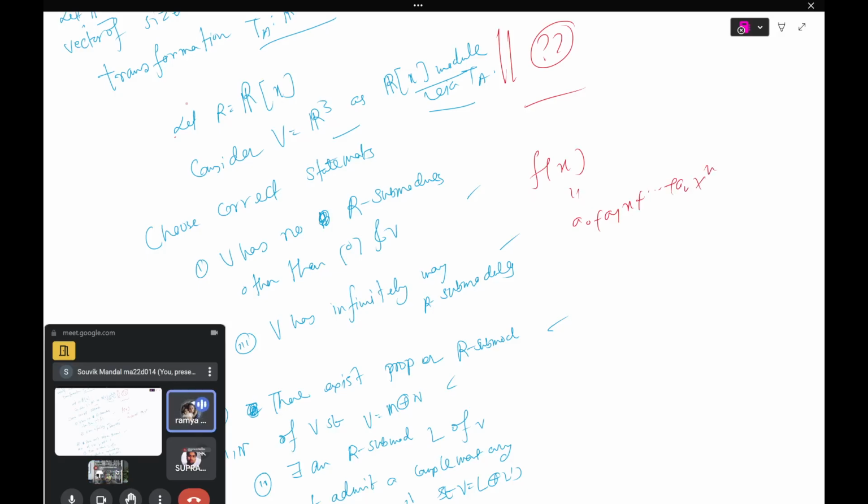When it operates on an element of R3, we consider its linear operator, so replace x with the linear operator T, then compute the product. Fine, very nice. Good. So this is the module structure. Now with respect to the module structure, try to go with the statement whether it's true or false.